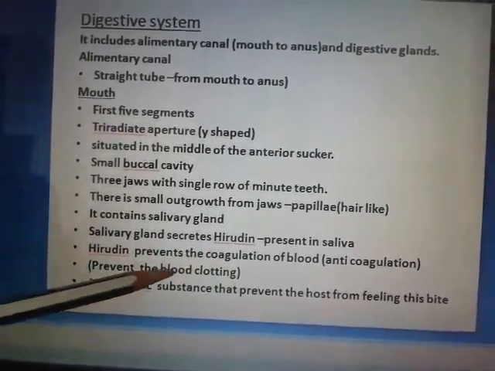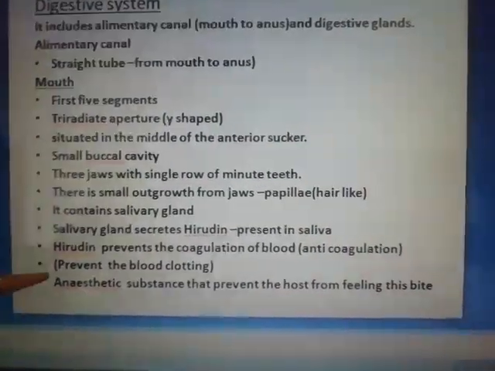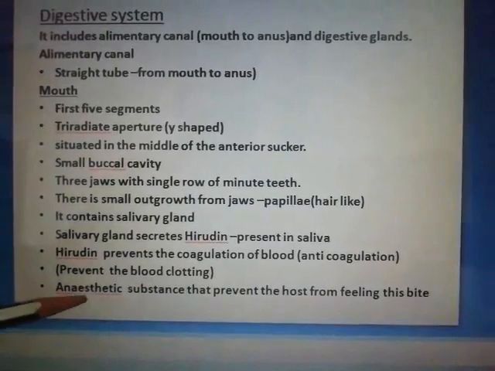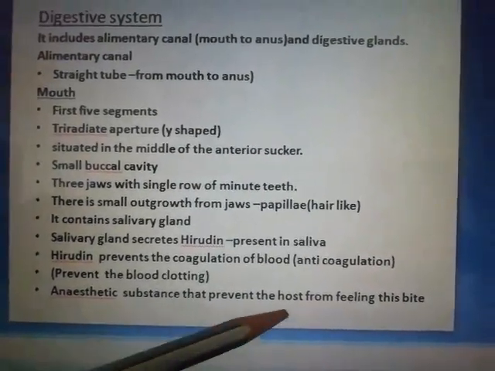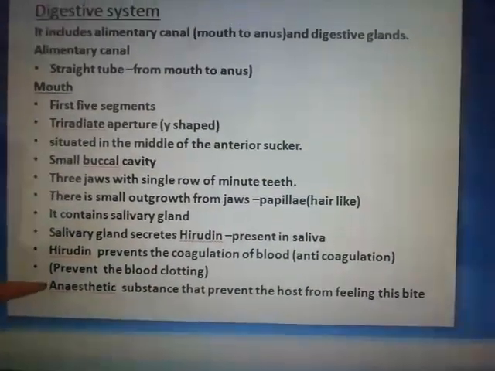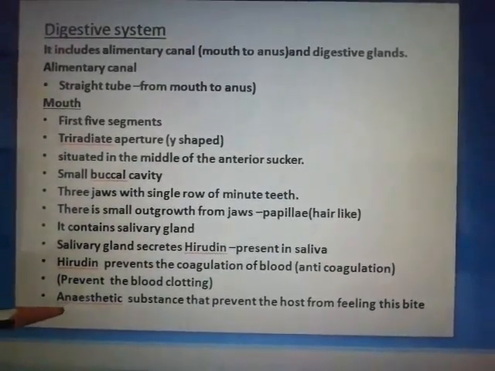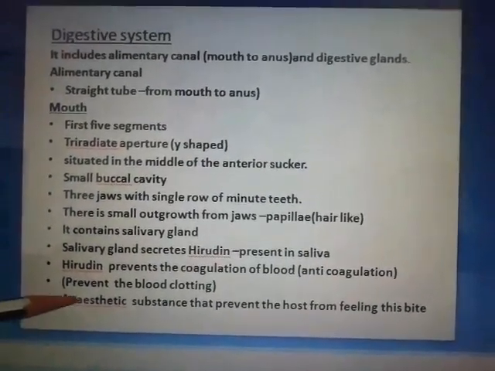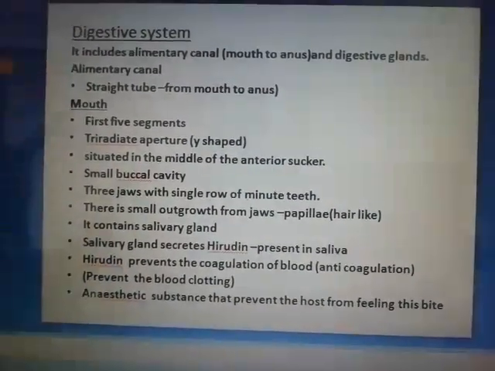Again, hirudin acts as an anesthetic substance that prevents the host from feeling the bite. Anesthetic substance means it makes that person senseless when it bites the host. That is called an anesthetic substance.